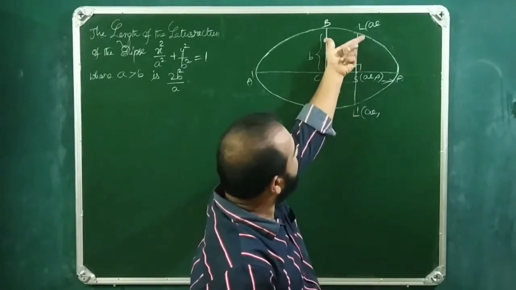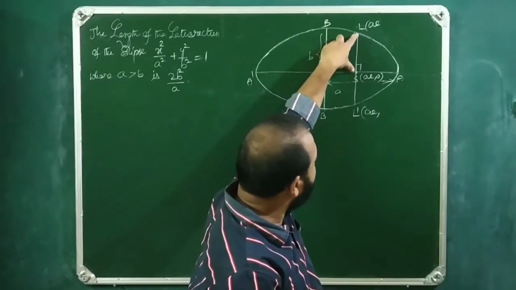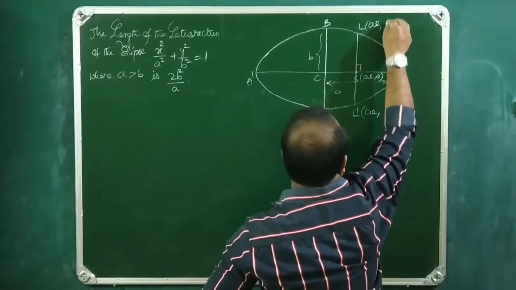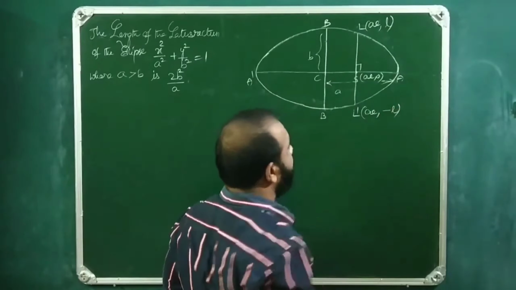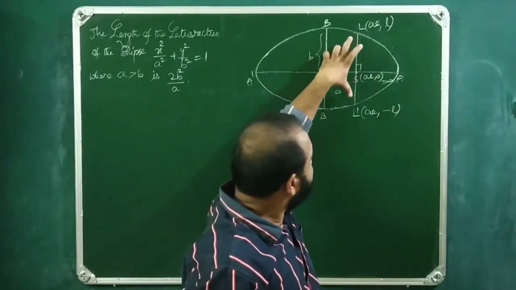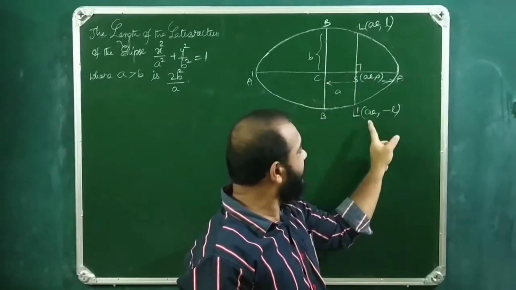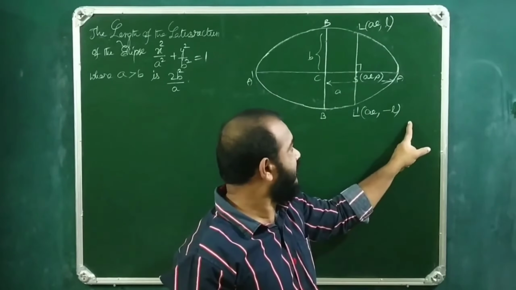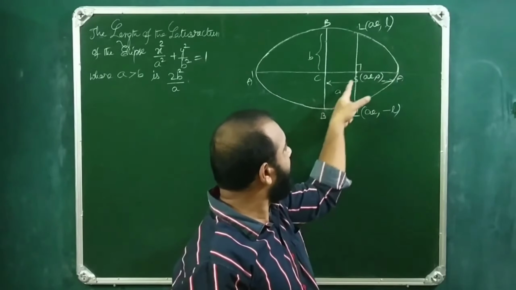This is AE, and this is also AE, but the height differs. What is the height of this? We don't know. Let us take this as L. Then this is minus L, because this is perpendicular to the x-axis. So this is (AE, L) and this is (AE, minus L). The ellipse is symmetric about the x-axis.